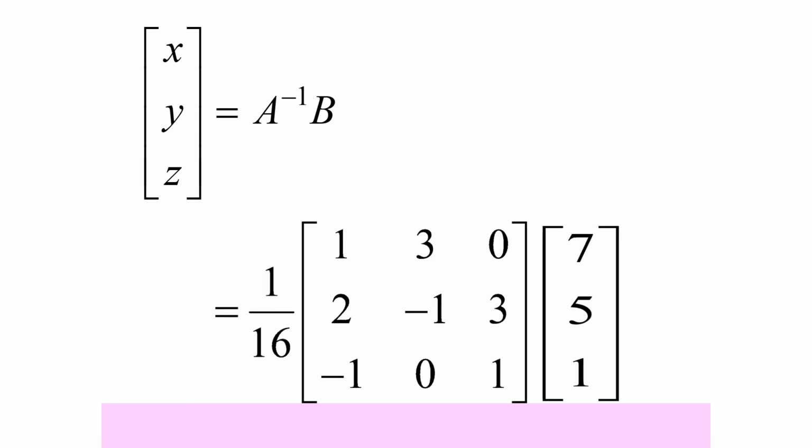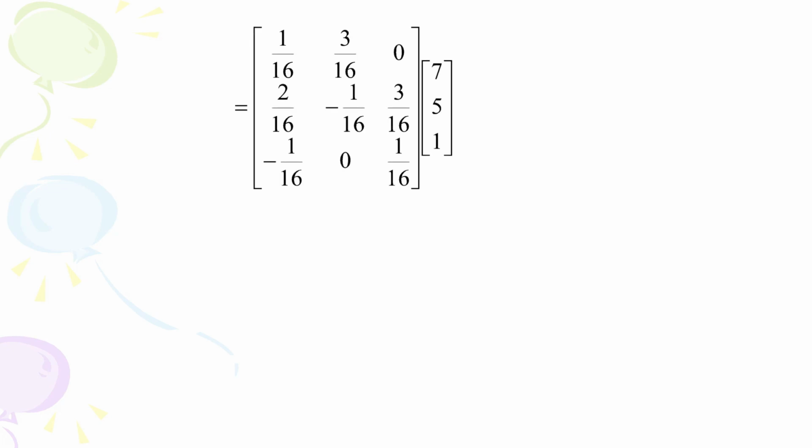Change it into matrix form, which is x, y, and z equal to the inverse matrix of A, which we already got, multiplied by matrix B, already given to you. Just insert into the equation and multiply.